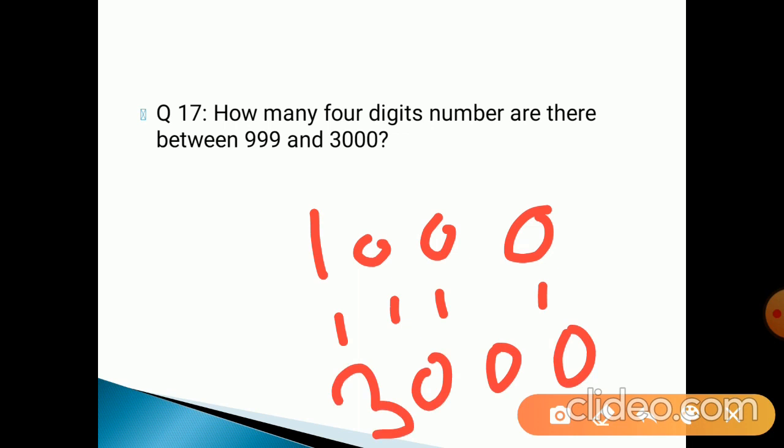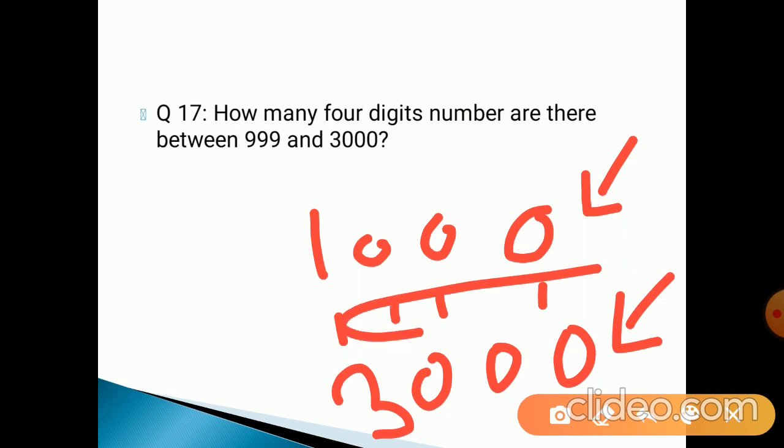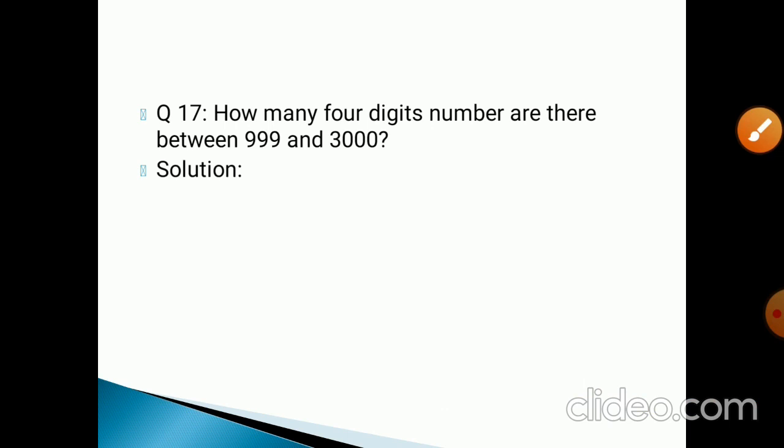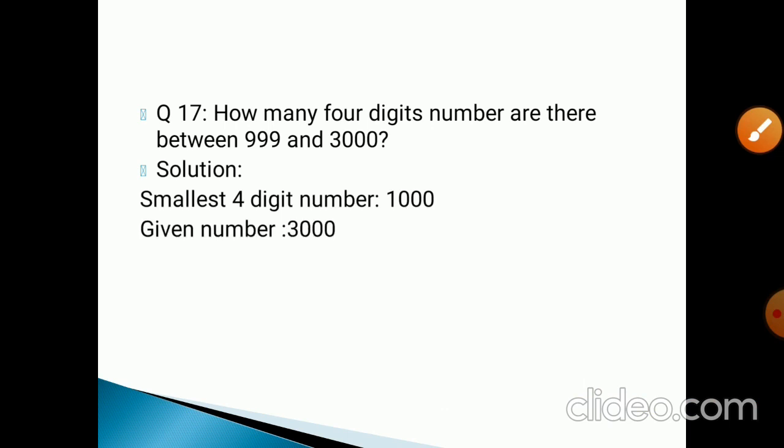So between 1000 and 3000, how many numbers come between them. We will take the difference of these numbers and our question will be solved. So we will subtract 1000 from 3000 and our answer will be 2000.